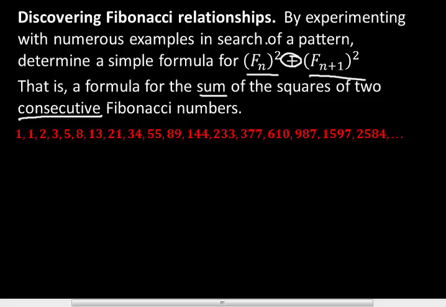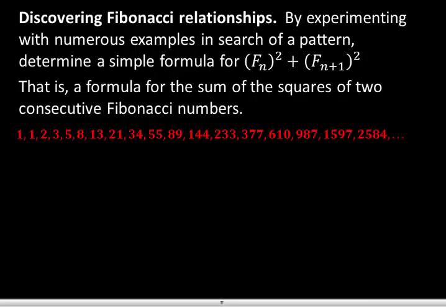Consecutive means that they occur one right after the other, like 21 and 34, or 89 and 144. They are consecutive, right next to each other in the sequence. So we'll start working on this problem now.